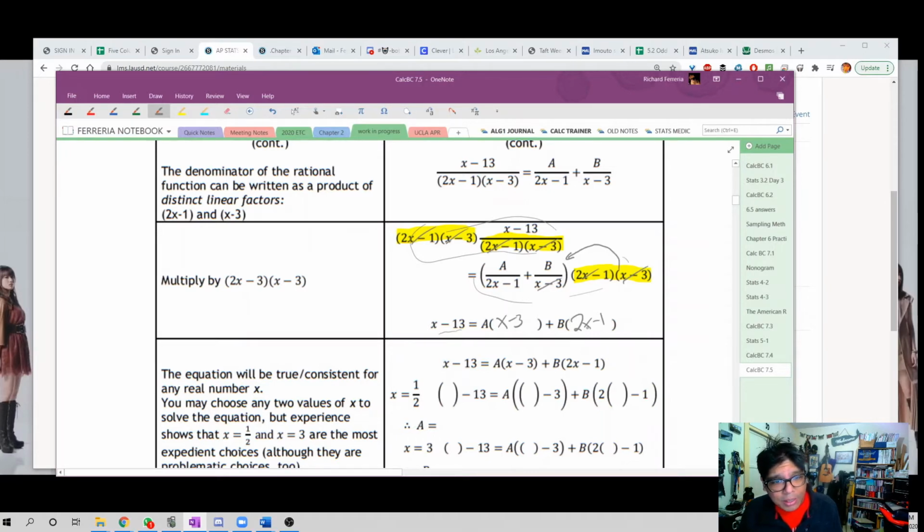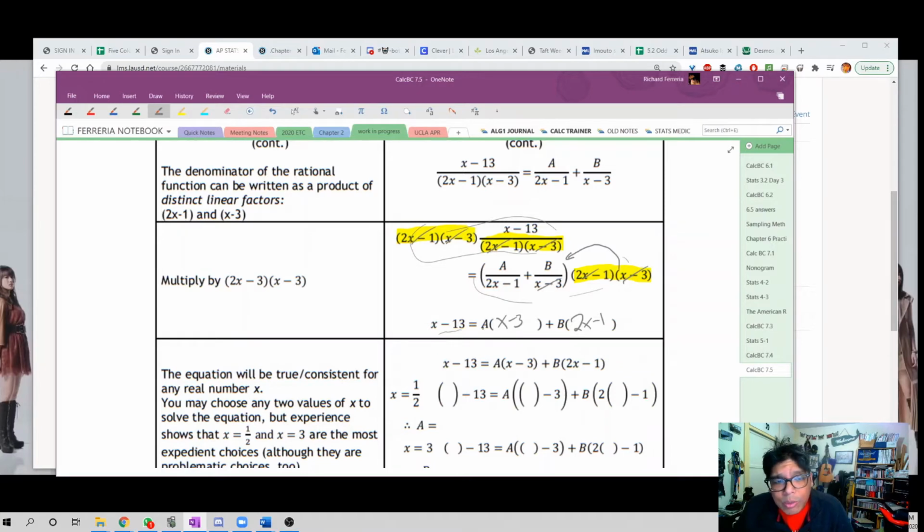So really quickly, I've simplified this so that it is a linear expression. This may look like we have 3 unknowns and 1 equation, but in actuality, x is a variable. A and B are going to be parameters. Now those values of A and B need to be the same no matter what our value of x is going to be.